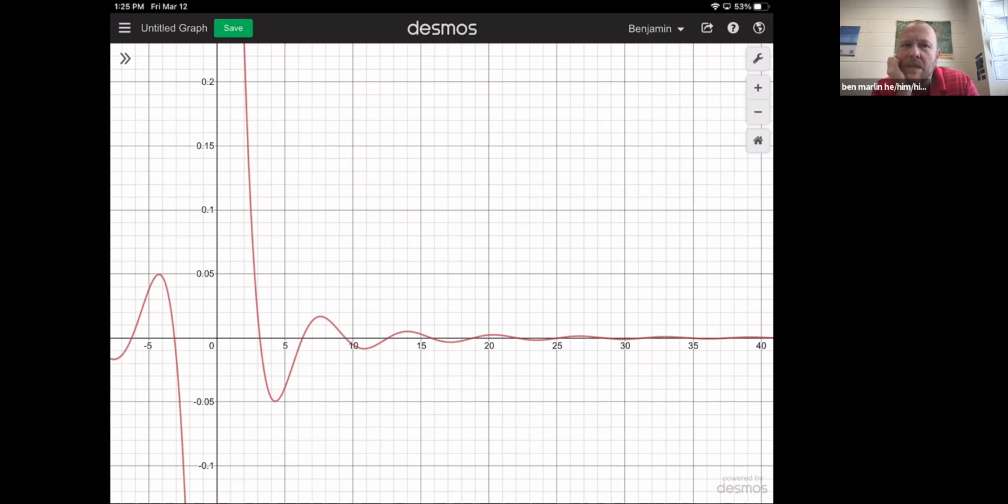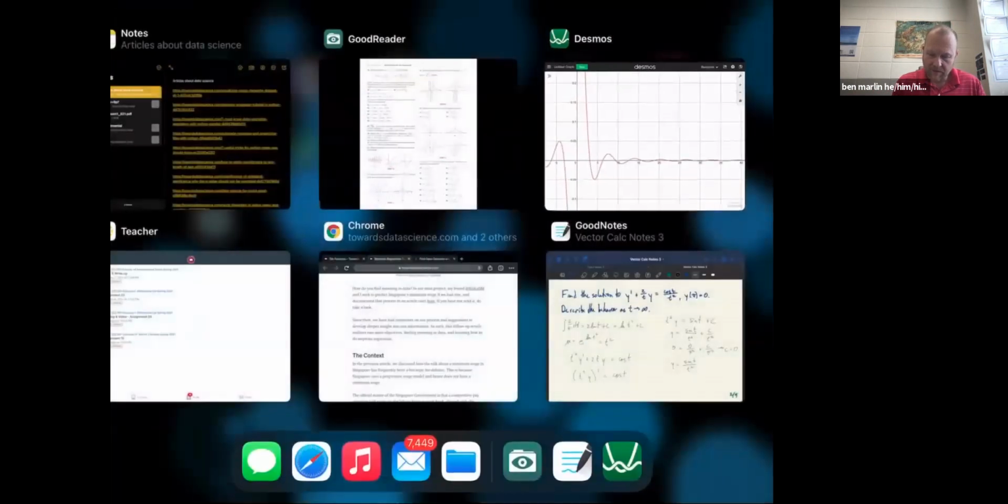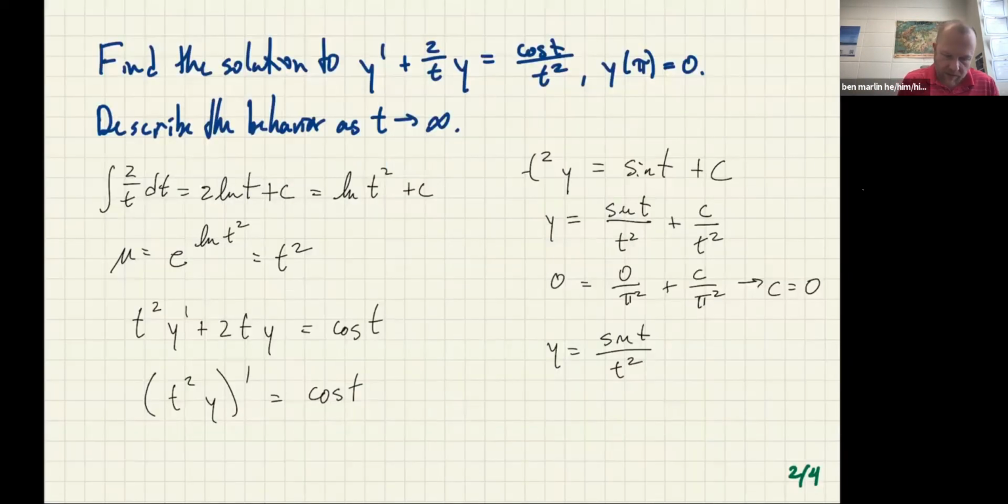We have a solution which, as t goes to infinity, is going to 0. So we've got a horizontal asymptote. So down here, I'm going to say, as t goes to infinity, y goes to 0, right?